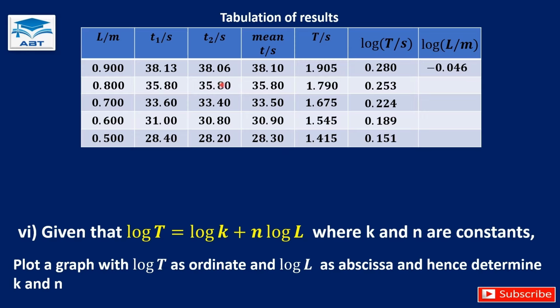Log 0.8 is negative 0.097. Log 0.7 is negative 0.155. Log 0.6 is negative 0.222. Log 0.5 is negative 0.301.